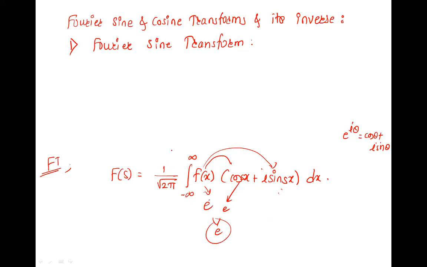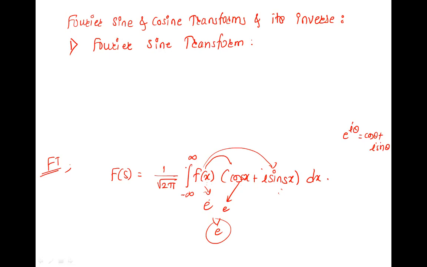So if the function is even, there is the cos term, which means it will be the cosine transform, because the second integral is directly 0.